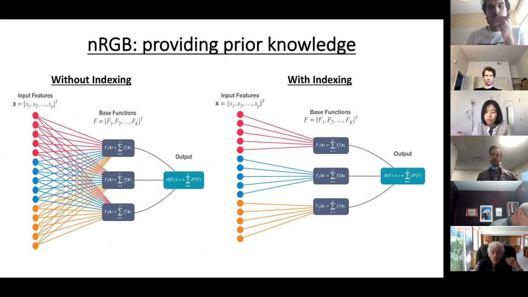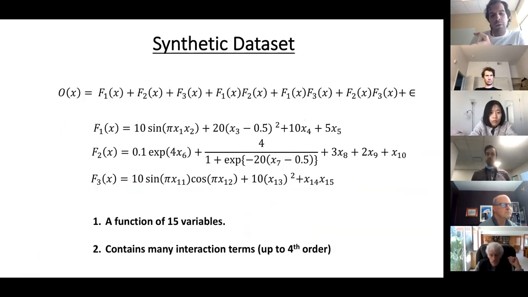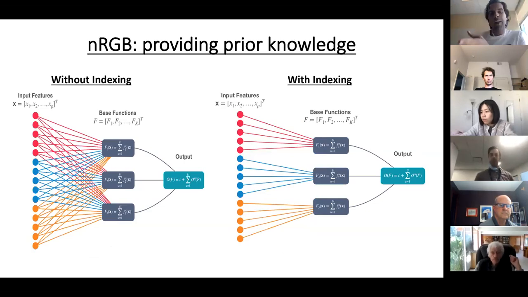I have a question. This is Jean. Hi, Jean. Wait, so are you summing up the outputs of the base functions to get the actual output? Because aren't there interactions between each of these? No, the output is non-parametric. We are using the neural RGB. Both the first layer and the second layer are non-parametric.